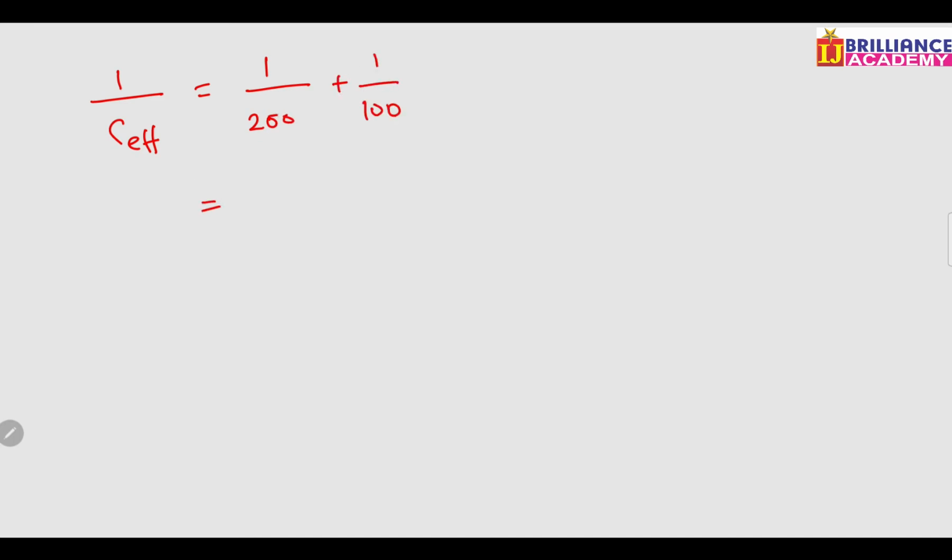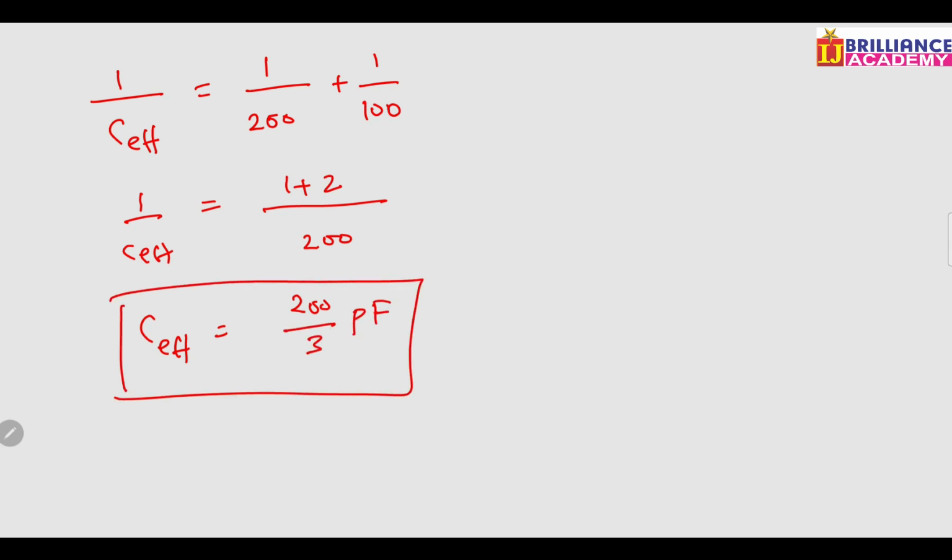Here a reciprocal sum you have to do. You can take LCM, 1 plus 2 is 1 by C effective. So C effective is equal to 200 by 3 picofarad. Or here also, if you want, you can go for the shortcut product by sum. Either way, C effective is coming 200 by 3 picofarad. So this is the effective capacitance of the network.